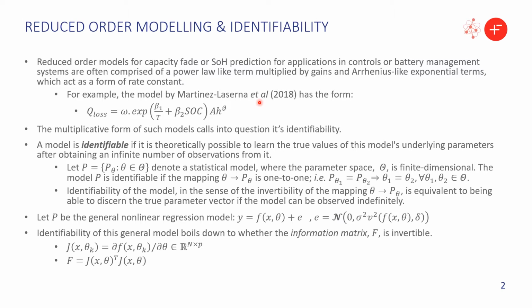Mathematically, identifiability of the model comes down to whether the information matrix F is invertible. And F is the Jacobian matrix transpose times the Jacobian matrix, and the Jacobian matrix is the derivative of the fit function with respect to the individual parameters.